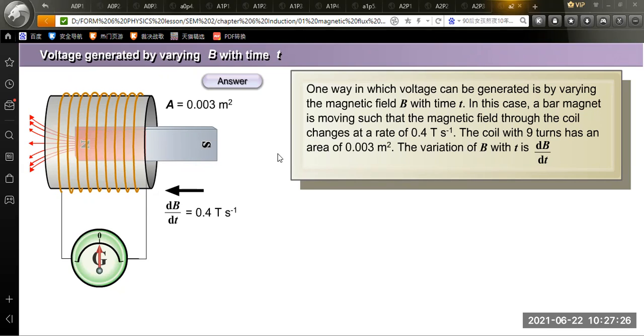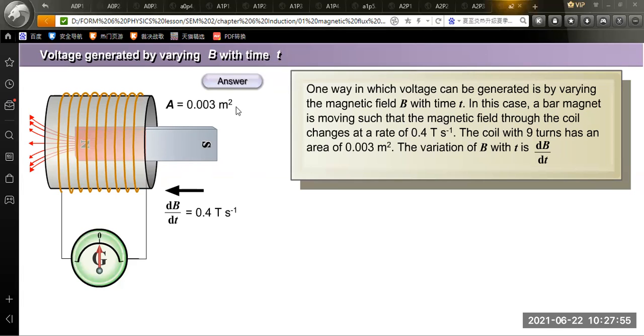The coil with 9 turns has an area of 0.03 meters squared. The variation of B with t is dB over dt, which now is 0.4 Tesla per second. The cross-sectional area of the coil is 0.03 meters squared. When the magnet is moved in, a current is generated.